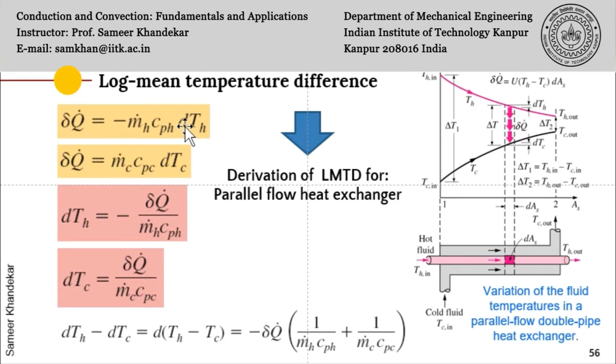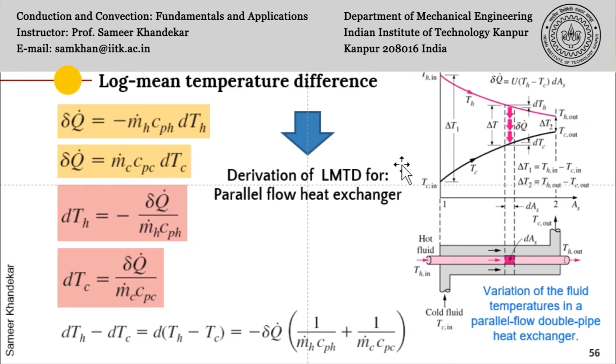This heat is now taken fully by the cold fluid. So you can write for the cold fluid delta Q dot is equal to m dot c Cpc into dTc, where c represents the cold fluid.